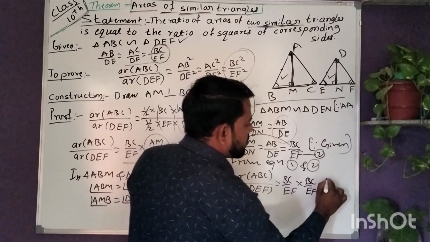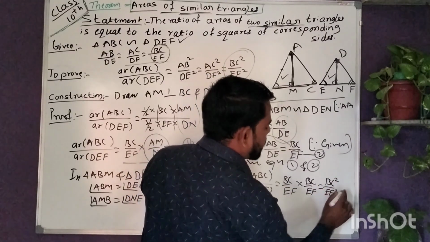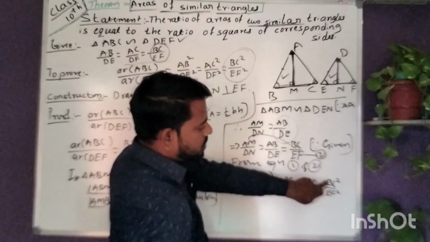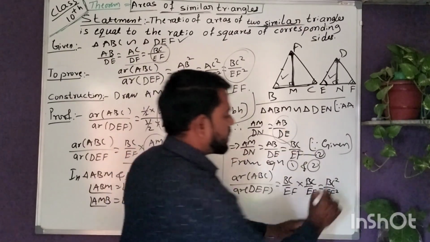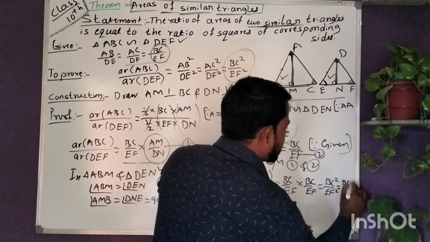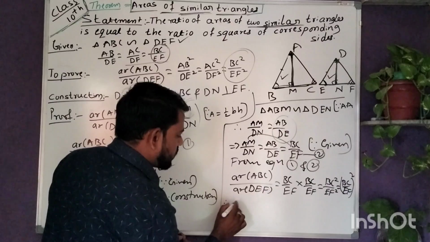So BC into BC becomes BC square, and EF into EF becomes EF square. We proved the ratio of areas of similar triangles is equal to BC square by EF square. It can also be written as BC by EF whole square.